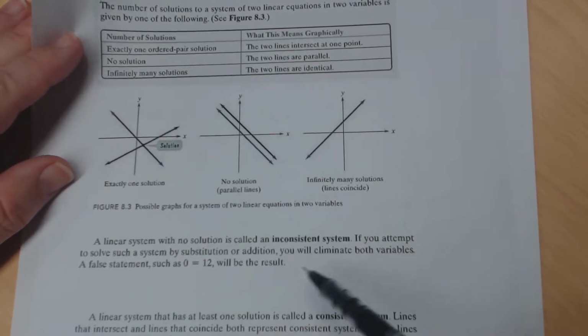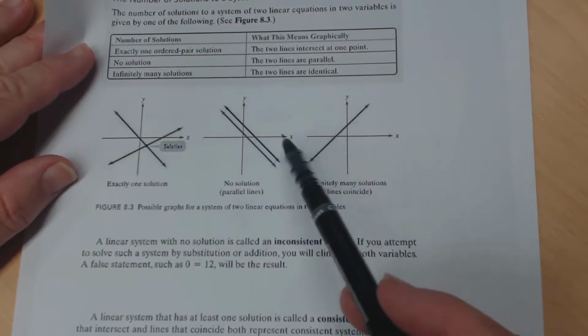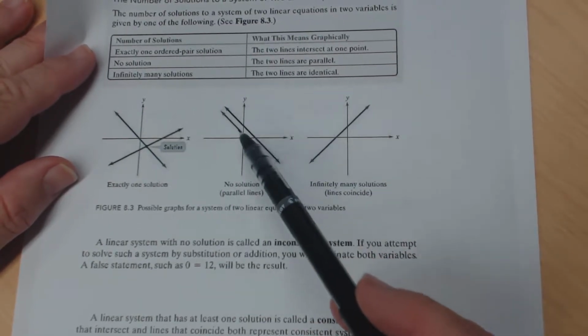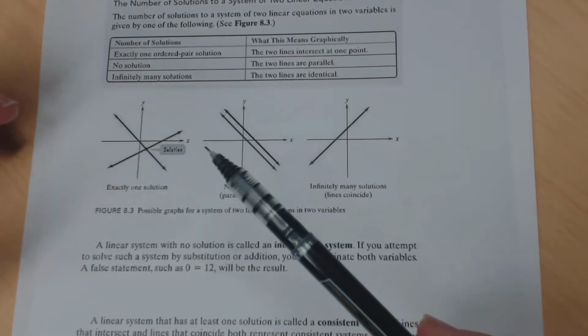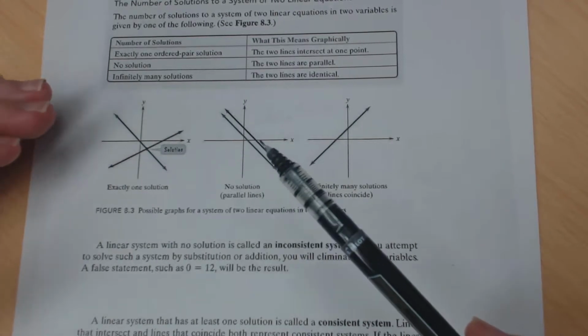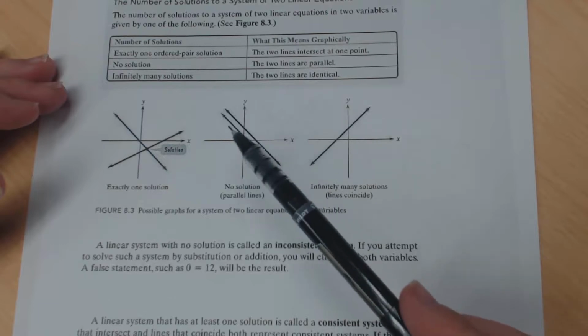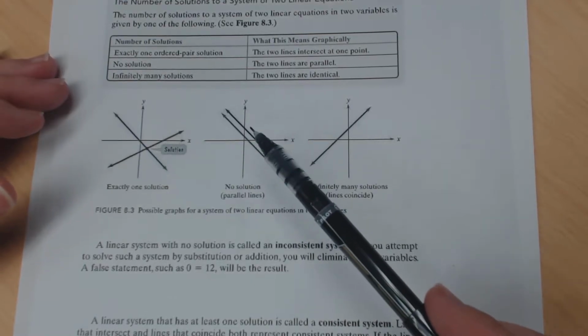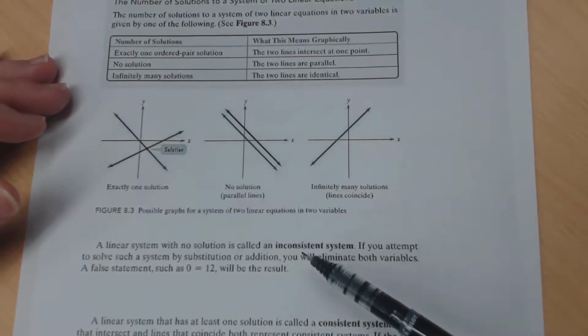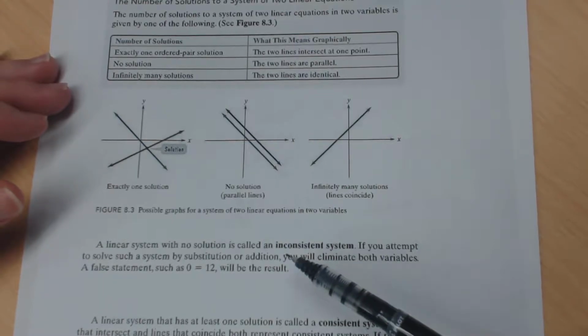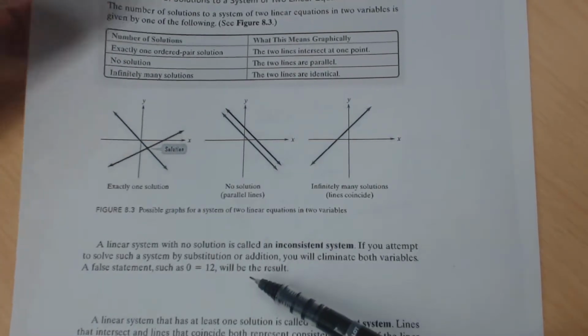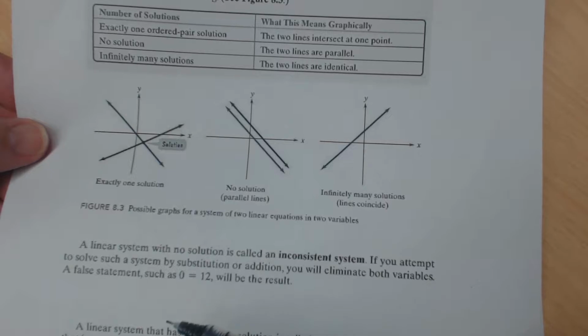Okay, so for this one right here, if the lines are parallel, remember when solving a system, your solutions are where the two graphs intersect. So this one's easy because the lines don't intersect, so there are no solutions. So that's called an inconsistent system.